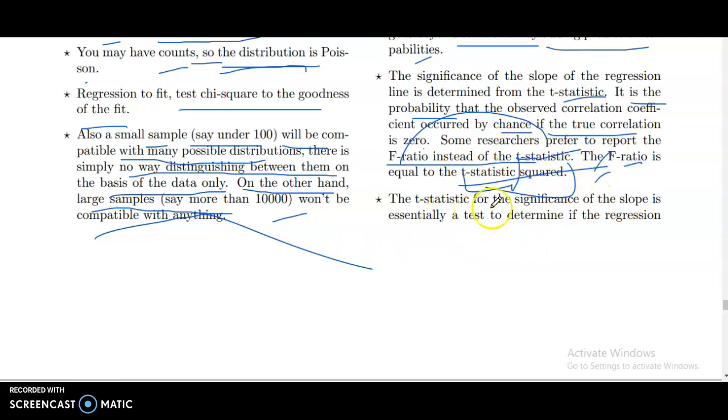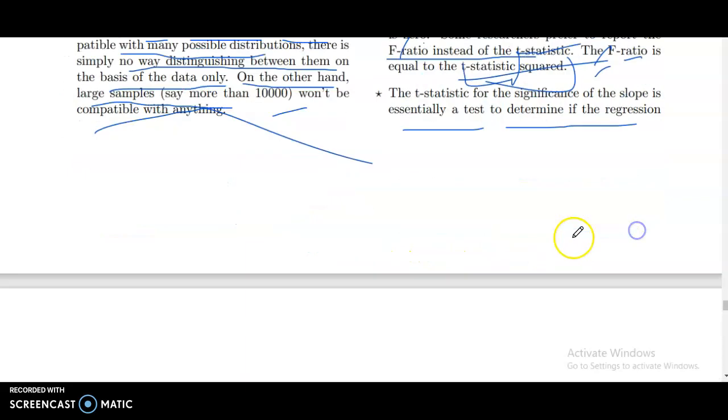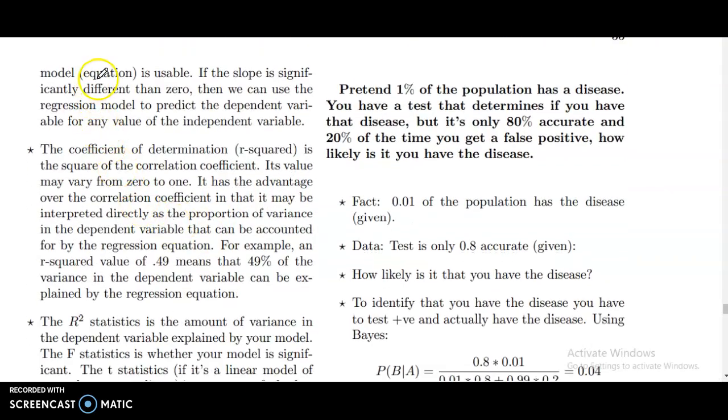The t statistic for the significance of the slope is essentially a test to determine if the regression model equation is usable. If the slope is significantly different than zero, then we can use the regression model to predict a dependent variable for any value of the independent variable.